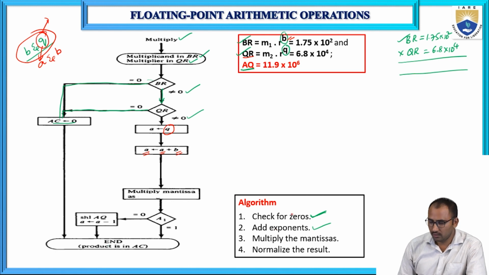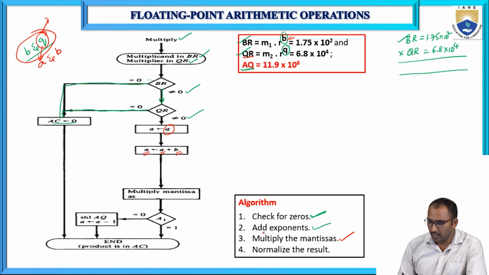What is the third one? Multiply the mantissas. Once we have added exponents, we have to multiply the mantissas, because in multiplication the exponents are added.